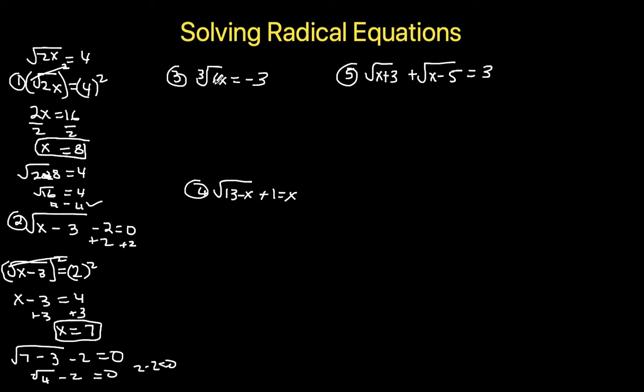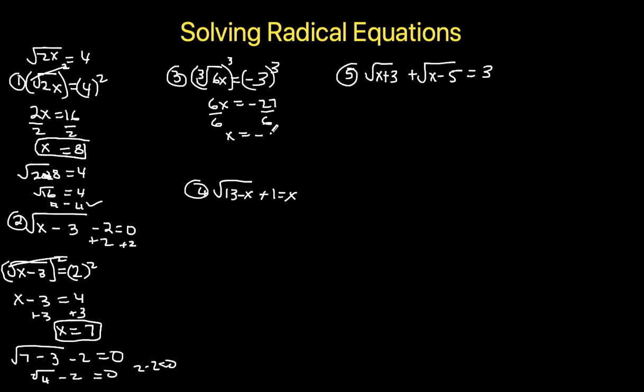All right, number 3. This is a cube root. It's already by itself. So to get rid of a cube root, you cube both sides. That will cancel to get 6x equals negative 3 times 3. Negative 3 times negative 3 times negative 3 is negative 27. Divide by 6. Simplify this. 3 goes into both of these.